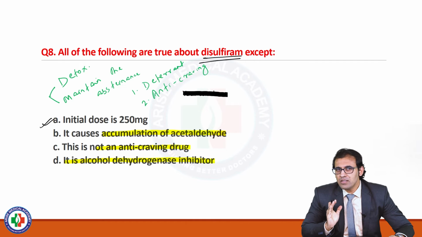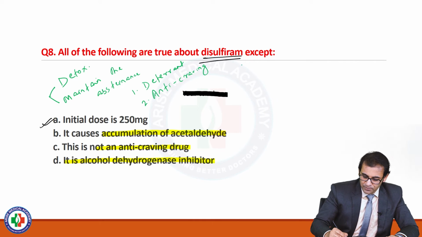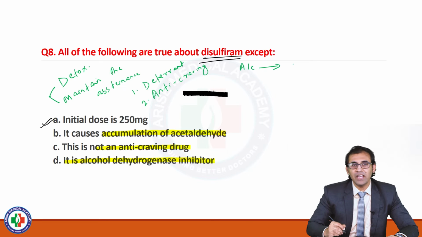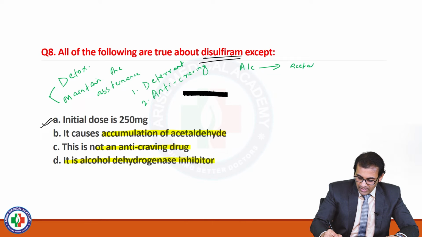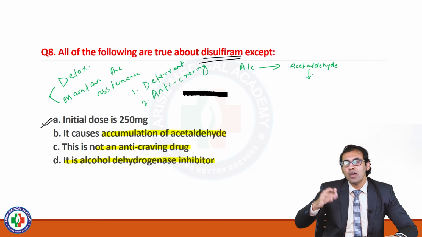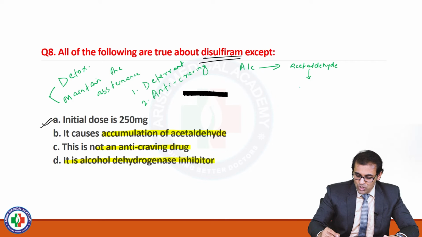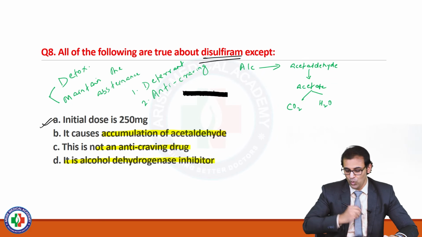So now let's understand the metabolism of alcohol. Alcohol will be converted into acetaldehyde. Acetaldehyde will further be converted into acetate. Acetate will be converted into CO2 and H2O.